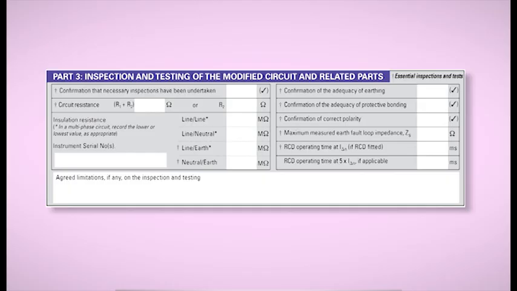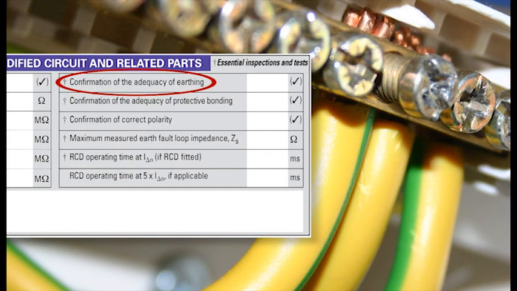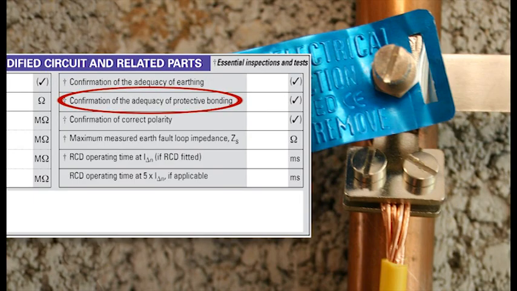I will point out though that although the minor work certificate is for an addition to a circuit, we are still required to verify by visual inspection that there's an earthing conductor connected to the consumer unit from the means of earthing, and also that where protective bonding is required for extraneous conductive parts, it exists. Finally, under this section, we have agreed limitations, if any, on the inspection and testing.